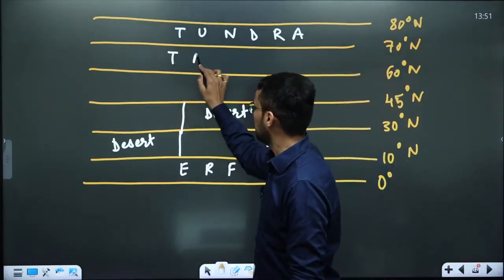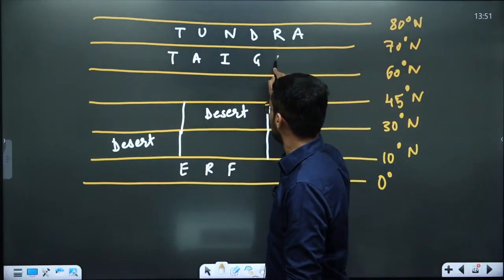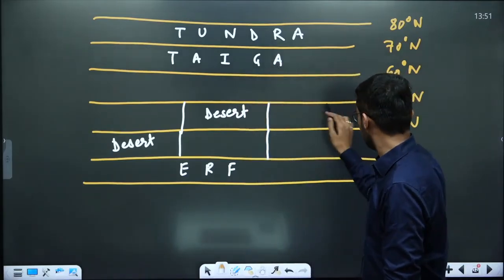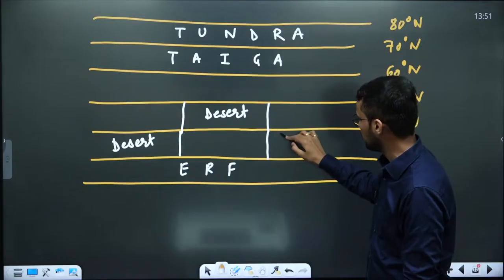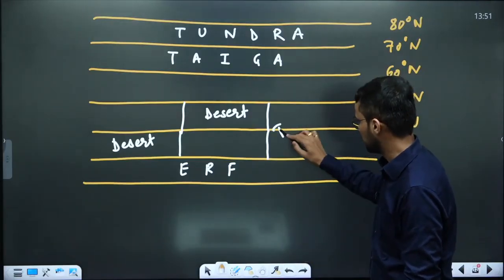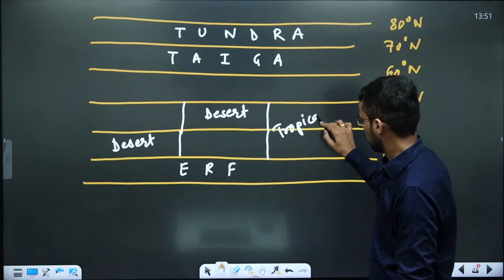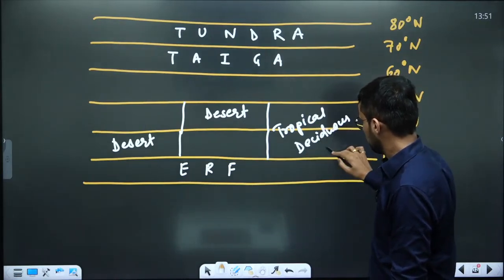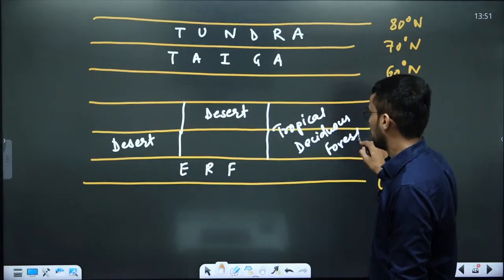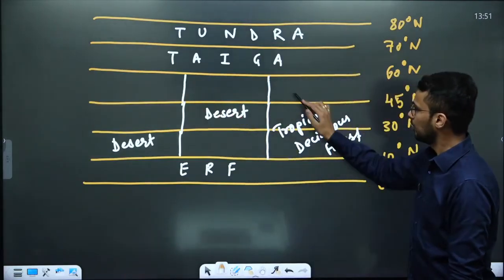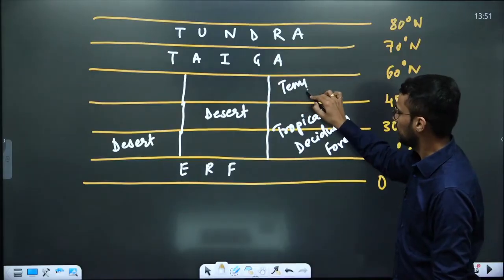Here we have seen, ठीक है. Then in this area, in this entire 10 to 45 degree, we have presence of deciduous, tropical deciduous forest. Tropical deciduous. ठीक है. फिर हमने temperate deciduous देखा यहाँ पे.